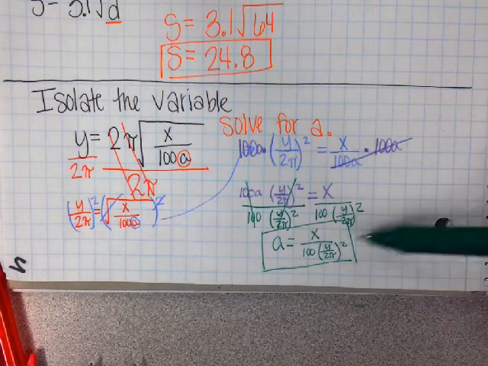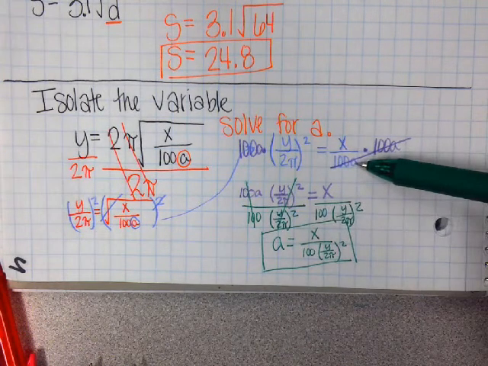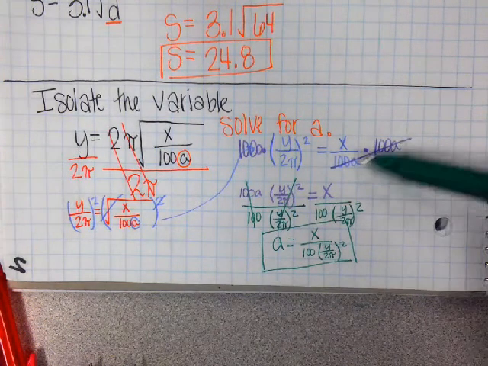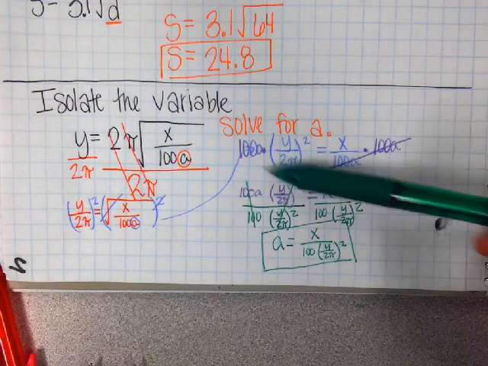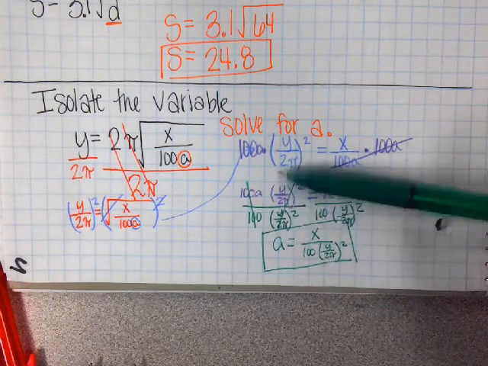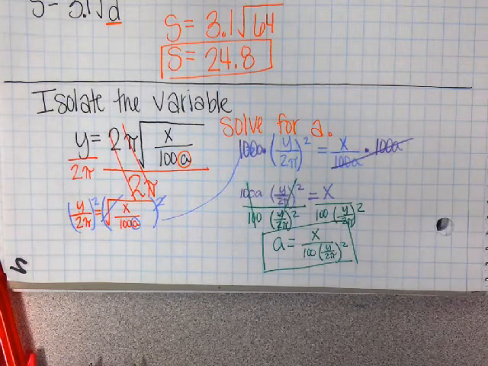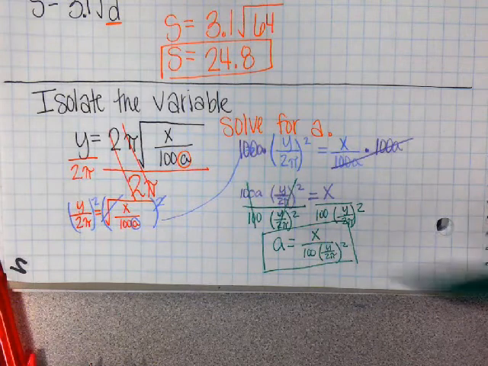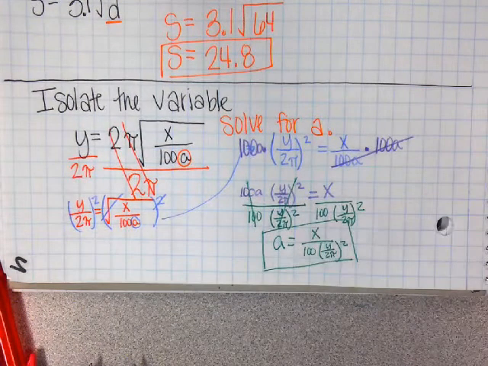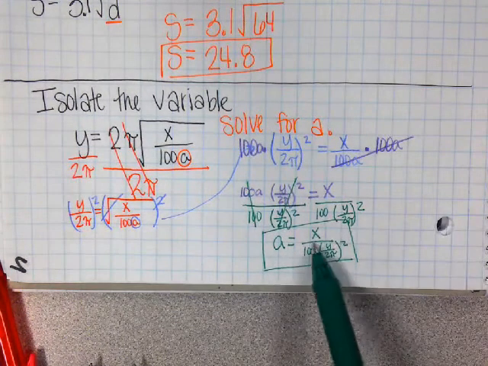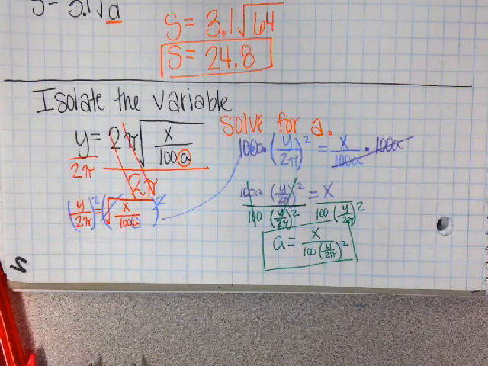It would be x divided by this stuff, because 100a was on the bottom. So we had to multiply by 100a, and then divide that stuff off. You could do it a little bit differently, but in my opinion, that's the easiest way to do it. So then you would have a equals x divided by 100, and then y divided by 2 pi squared.